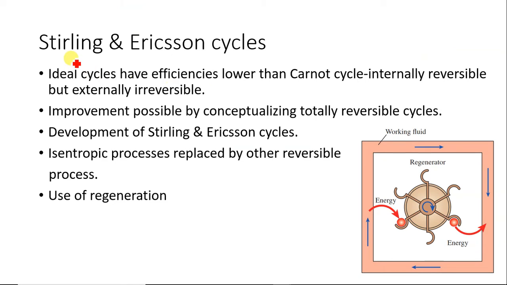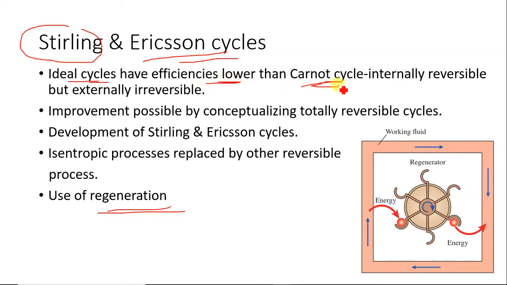We'll see a concept which is called regeneration. Now the Stirling engine or Stirling cycle and the Ericsson engine or Ericsson cycle both have a concept called regeneration. What is that concept? I'll discuss it, but before that we'll see some theory. The ideal Stirling cycle and ideal Ericsson cycle have efficiency lower than the Carnot cycle. Why?